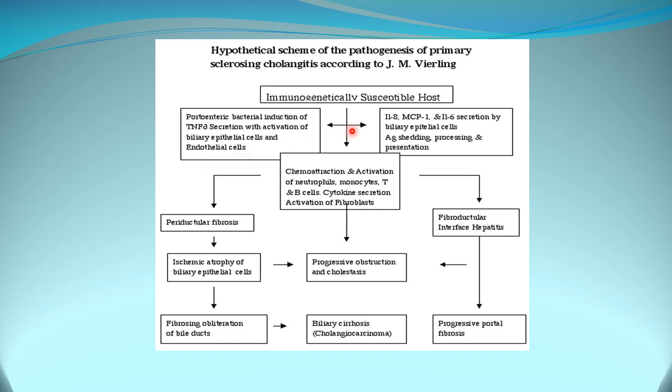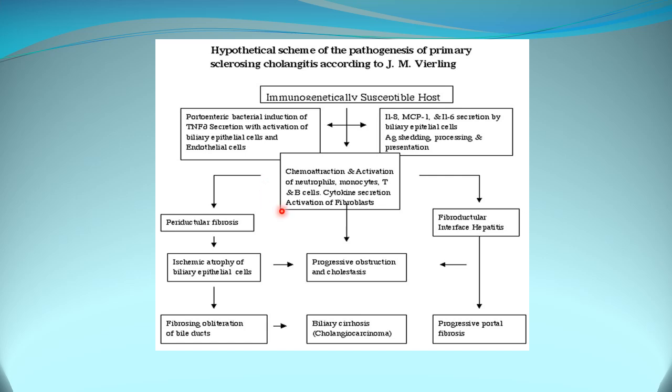There will be release of interleukins 1, 6, MCPs, and secretion by the biliary epithelial cells, shedding and processing of the presentations. So antigen will be there at the biliary tract, causing chemoattraction and activation of neutrophils, monocytes, T and B cells, cytokine secretions, and activation of the fibroblast.